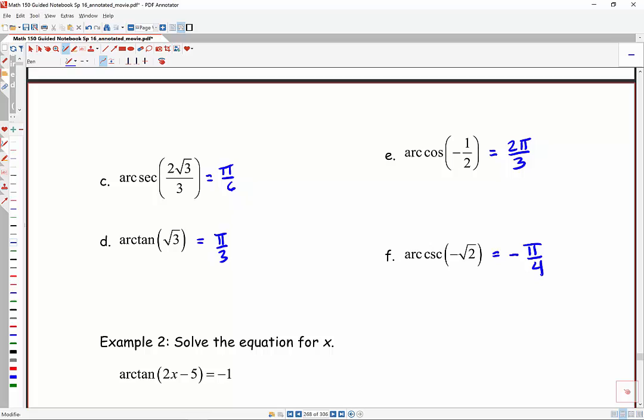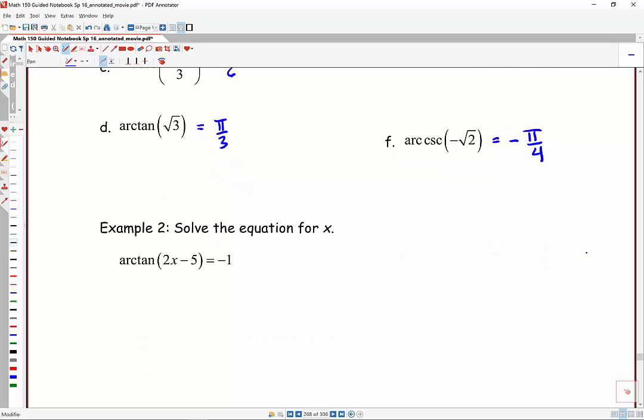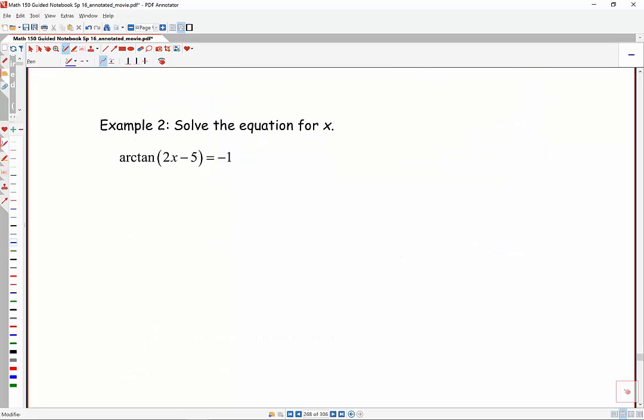All right, so now we'll learn how to solve the equation for x. Now we have an equation, so we can evaluate the tangent of both sides. And when we do so, we'll end up with 2x minus 5 is equal to tangent at negative 1.